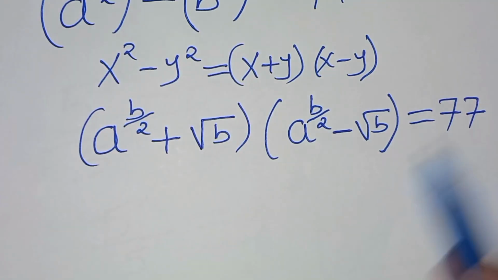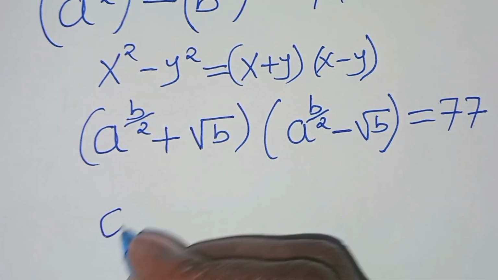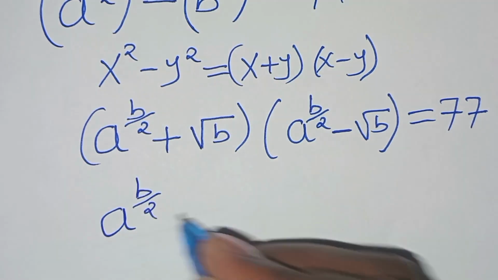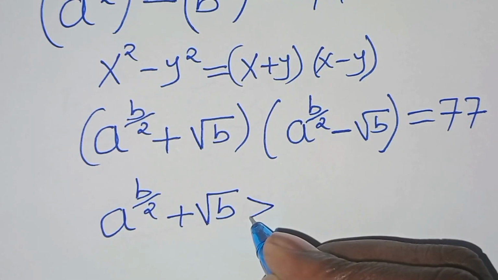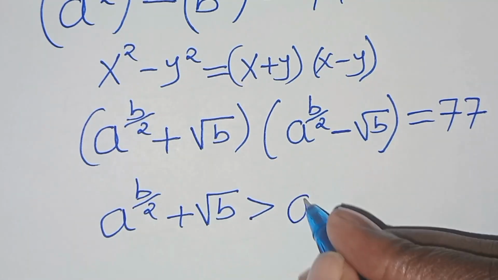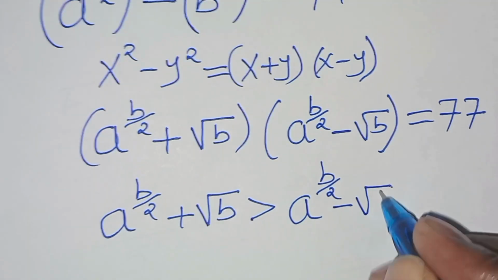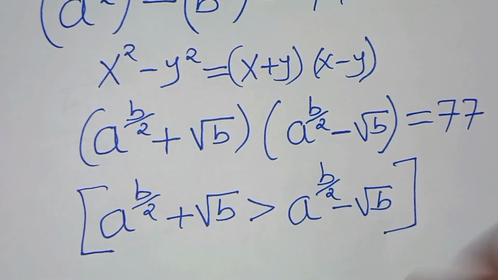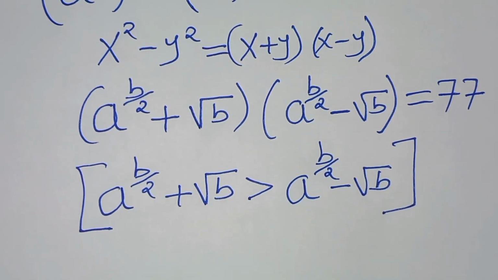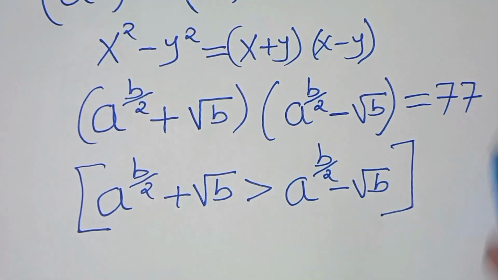Now from here you find that a to power b over 2 plus square root of b is actually greater than a to power b over 2 subtract square root of b. So this condition holds. Therefore, let's get the factor pairs of 77.